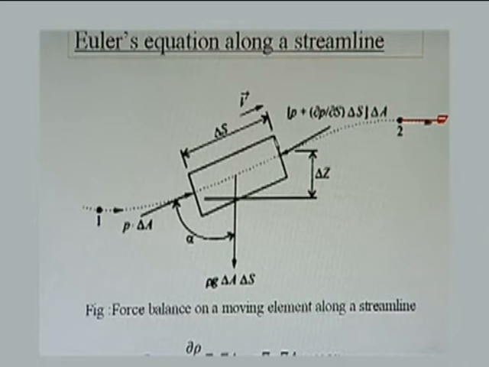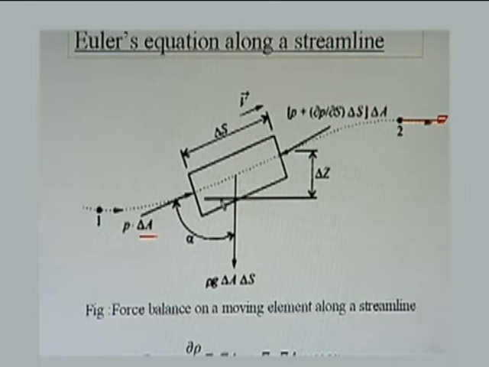This distance is delta s, and this perpendicular cross sectional area is delta A. Cross sectional area of this control volume is delta A. So we will write Newton's second law of motion or Euler's equation for this control volume.